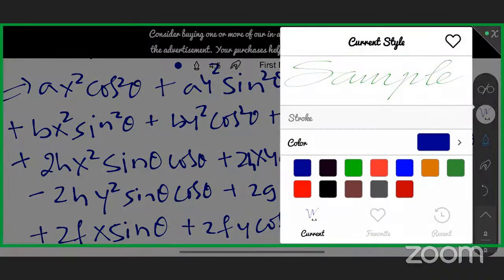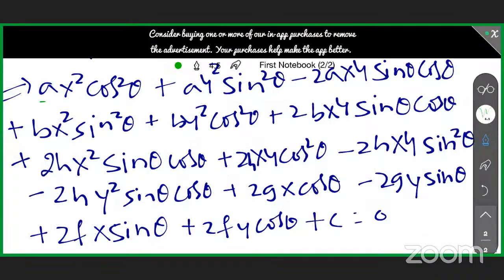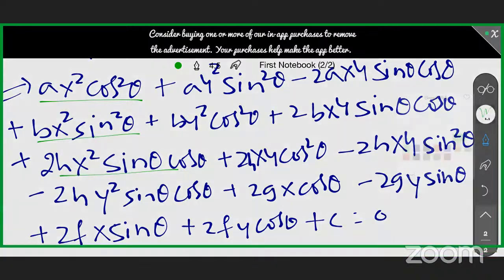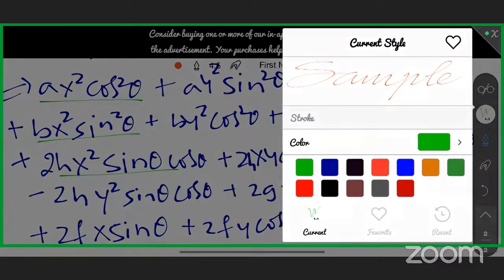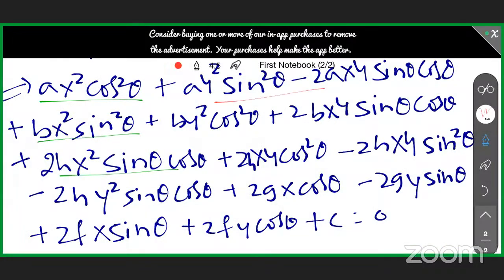First take all the x square terms together. See, x square is here, here also, and any other side x square is there, only 3 x squares. Then take all the y square together. Here also y square is there.